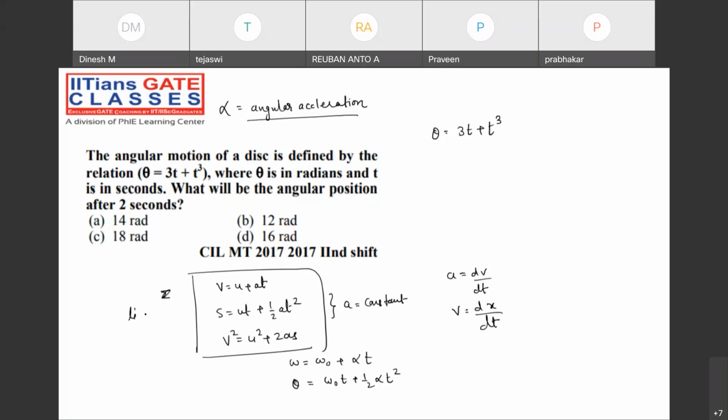But this is for linear motion. These are the formulas for angular motion or rotation. The last one will be omega square equal to omega naught square plus 2 alpha into theta. Please note this formula, where theta is angular displacement.